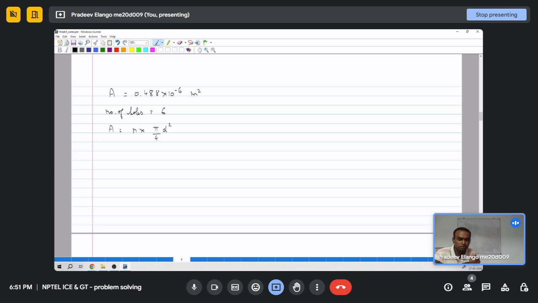So pi by 4 d square is the area of a single hole. Now 0.488 into 10 power minus 6 is equal to 6 into pi by 4 into d square. So d is the square root of 4 into 0.488 into 10 power minus 6 divided by 6 pi. Very good. And calculate d.